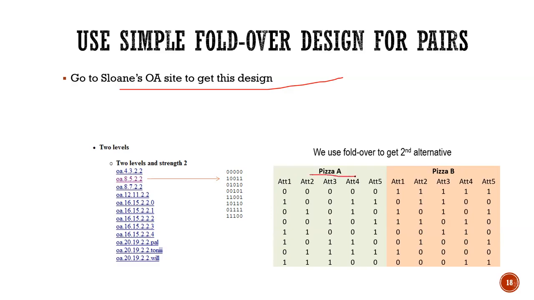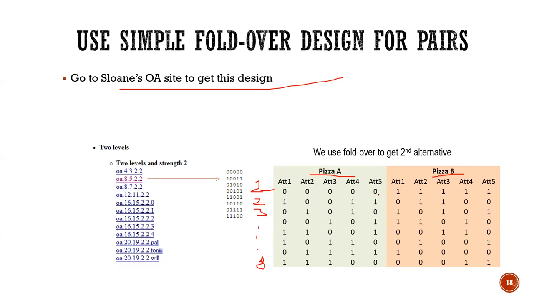There's one design created for pizza A and one for pizza B. For pizza A, this is the first design, this is the second design, this is the third design, and so on up to the 8th design. The first design for pizza A has all zeros, which means all the base levels for attributes 1 to 5.